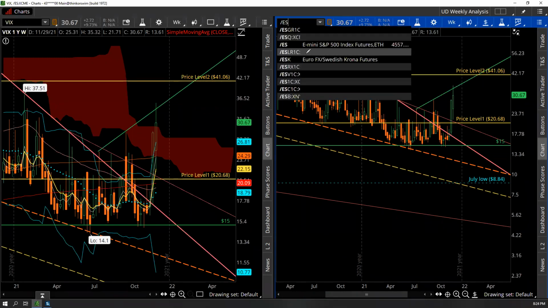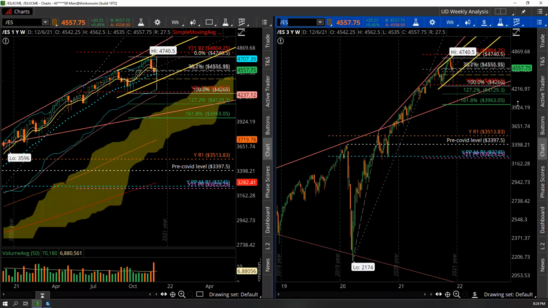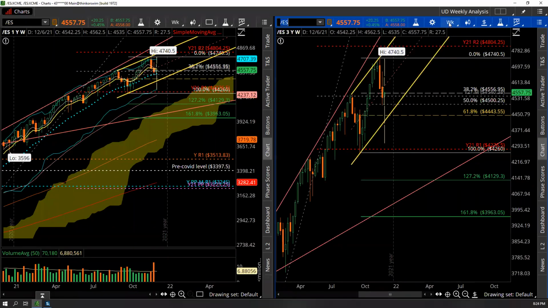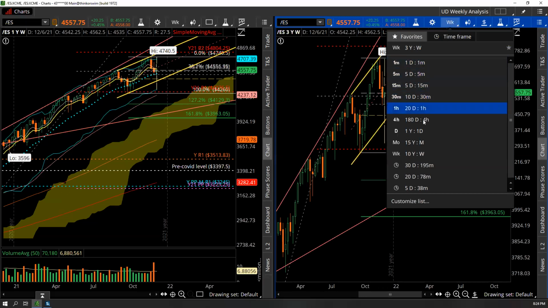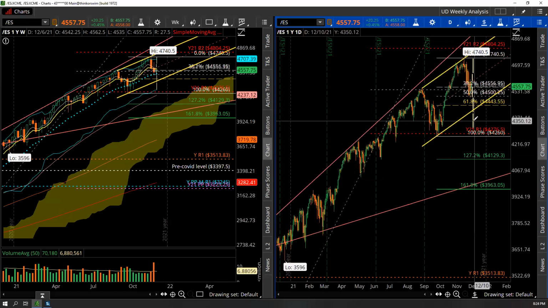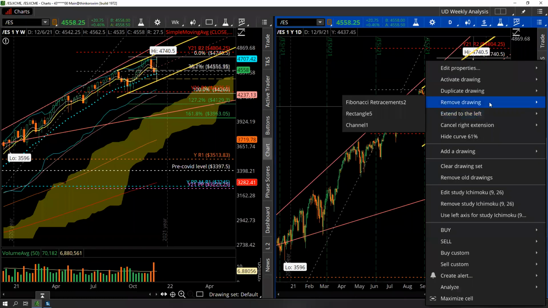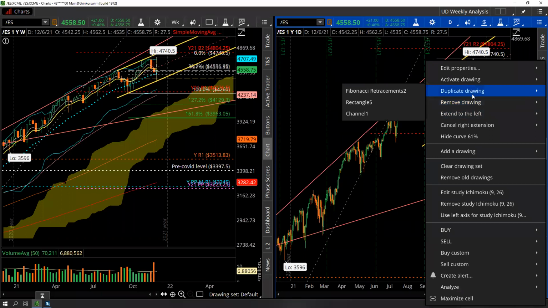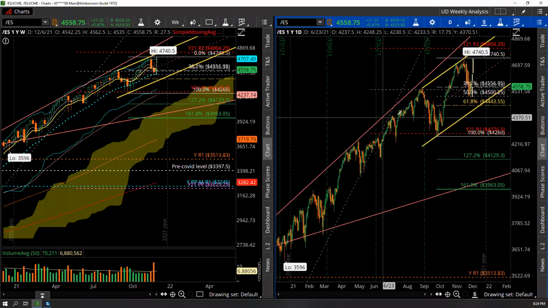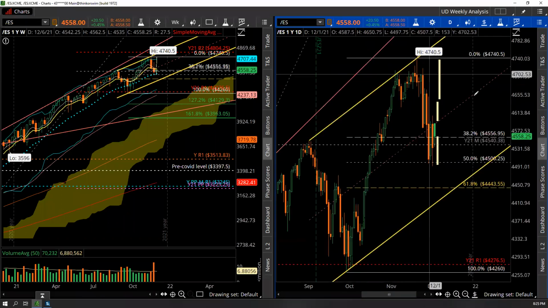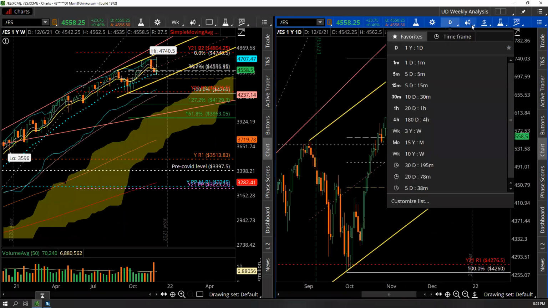So what I want you to be focusing on more is to see how it behaves around these levels. And I don't want the market to spend too much time below that 50 days average. I want it to regain it and start moving higher. But yeah, the longer it stays below that level, the more chance for it to go down.